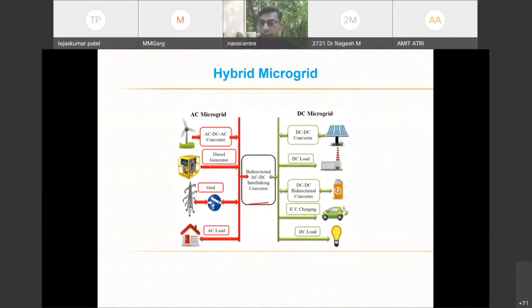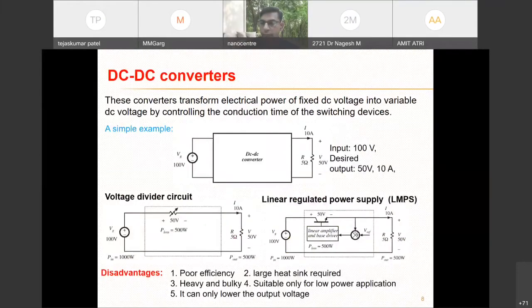And in a hybrid microgrid, this is, let's say, the AC microgrid and this is the DC microgrid. In case there is a power lack or power surplus, mutual exchange of power is also possible. For this we need an AC to DC, DC to AC interlinking converter.